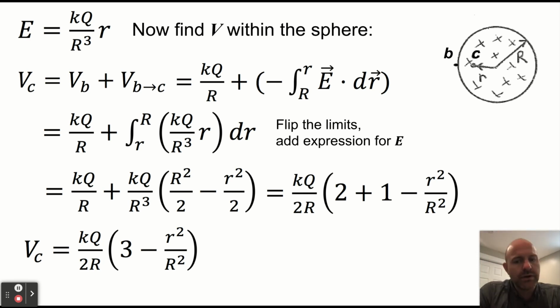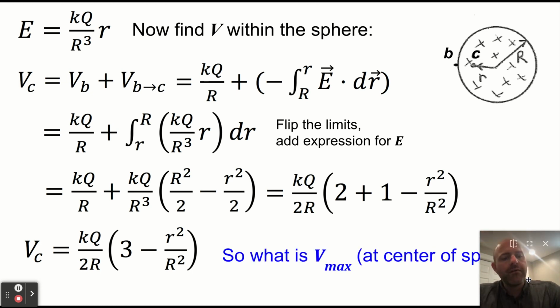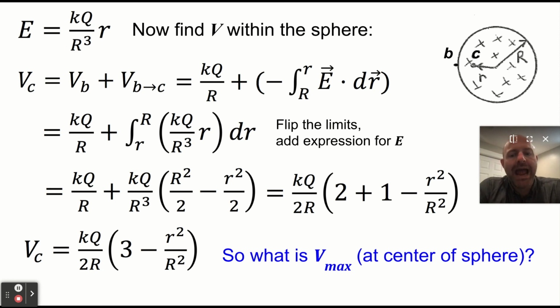And the closer little r gets to capital R, the closer that fraction gets to 1. And when r squared over R squared is 1, then that's 3 minus 1, so it's 2, and the 2 cancels out, and you just get KQ over R. And so V max is going to happen when little r is 0, because you're not subtracting anything from this potential.